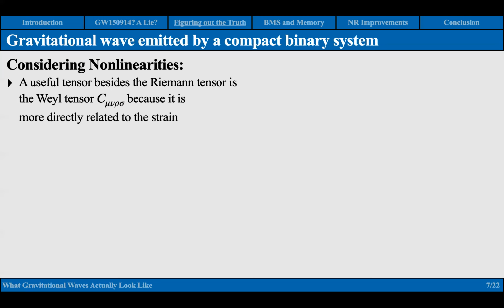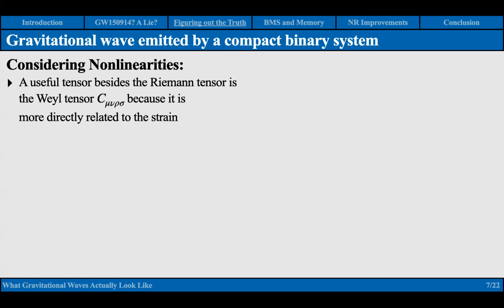One thing you can do is consider something known as the Weyl tensor. The Weyl tensor is similar to the Riemann tensor. You can think of it as the trace-free Riemann tensor, because the Weyl scalar really measures the change in the shape of an object along some geodesic when it's being tidally deformed, rather than the change in the volume, which is what the Riemann tensor measures.